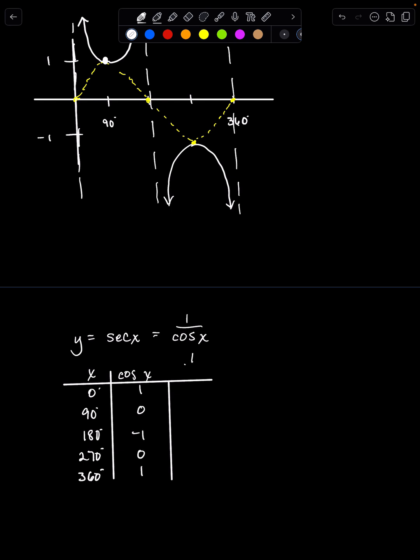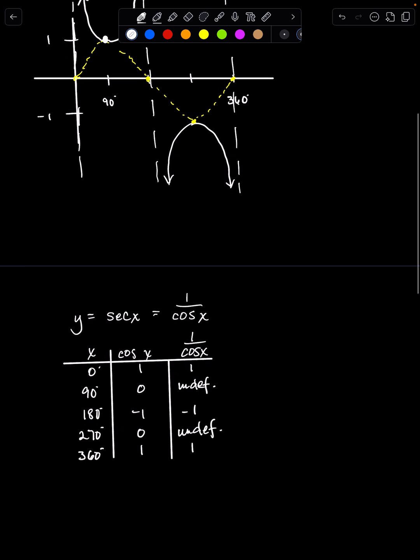So for 1 over cosine, the reciprocal of that, 1 stays 1, 0 goes to undefined. Negative 1 stays negative 1, undefined, and then I'm back to positive 1.